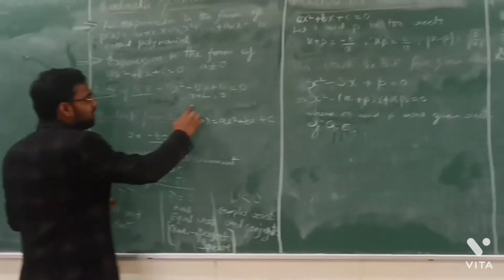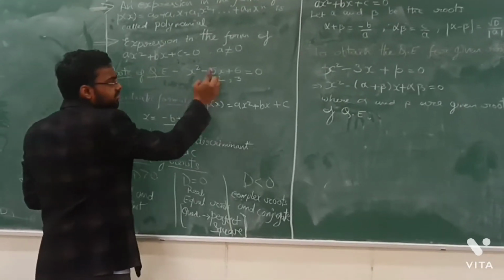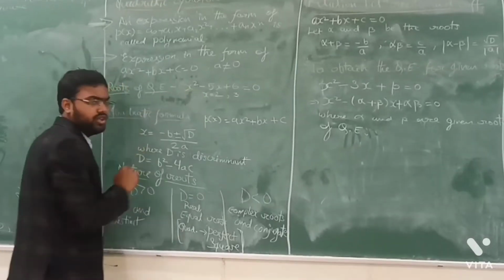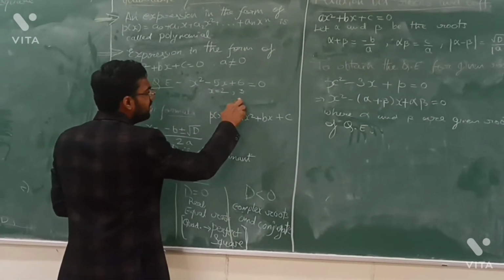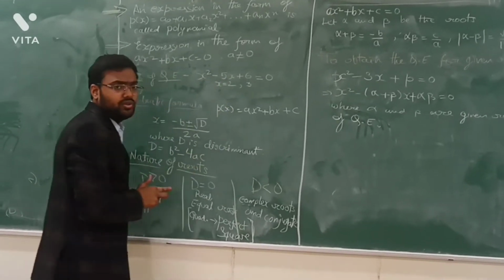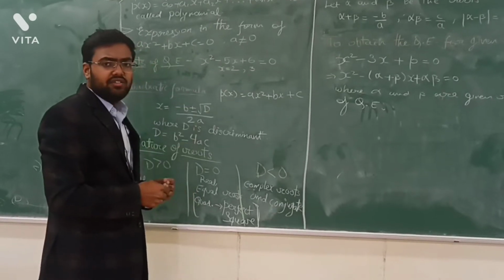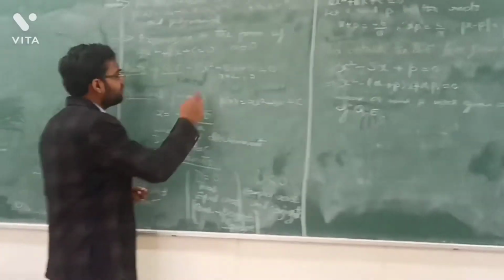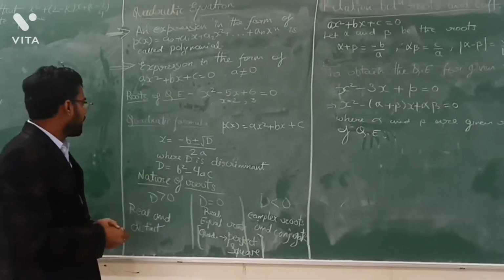On putting x = 2, we get 4 - 10 + 6 = 0, and putting x = 3, we get 9 - 15 + 6 = 0, which means x = 2 and 3 satisfy our given equation. They are called the roots of the given quadratic equation.